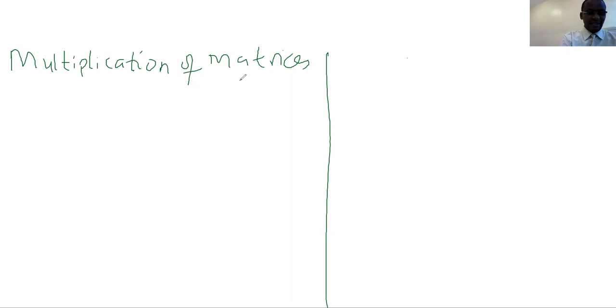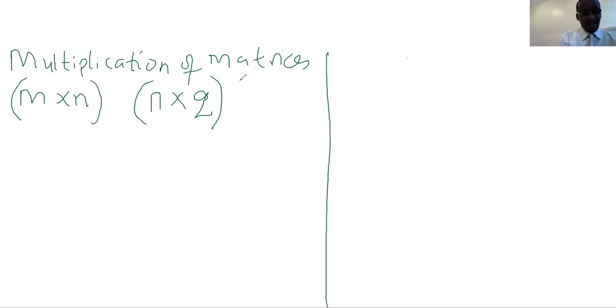for the first matrix, if it is of order m by n, where m and n are numbers, and the second matrix, which we are multiplying with, is of order n by maybe another q. If the number of columns in the first matrix is equal to the number of rows in the second matrix, like here, look at the pointer.